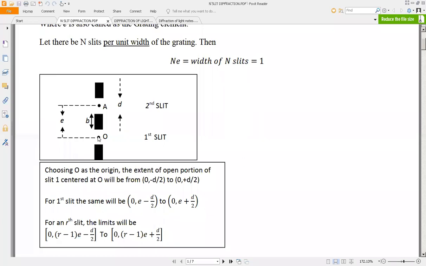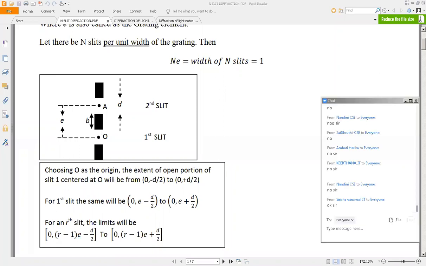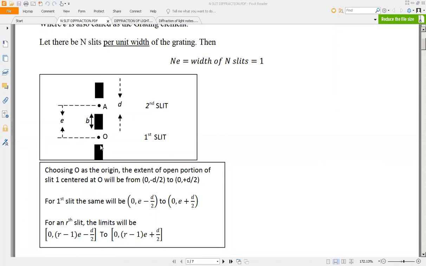Now, what is this distance from O to this edge? Can somebody respond in the chat? What is the distance between this point and the center, from the center to this edge? What is this distance from O to the opaque portion? Is anybody there?